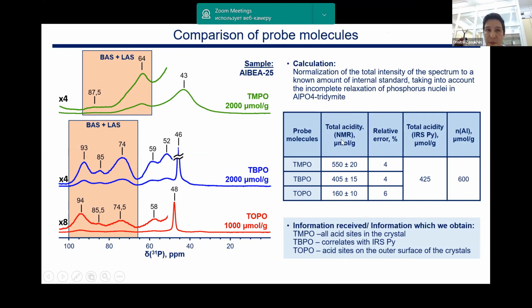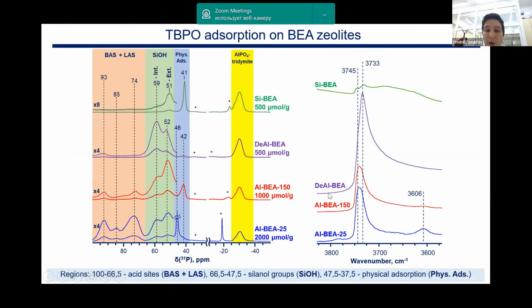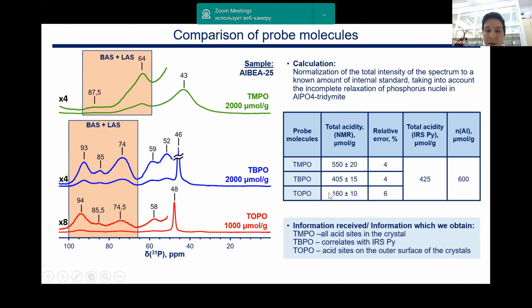Comparing the data obtained by this technique with the amount of acidity obtained by infrared spectroscopy of adsorbed pyridine and the theoretical amount of aluminum allows us to draw the following conclusions. TMPO probe molecules have a smaller size.